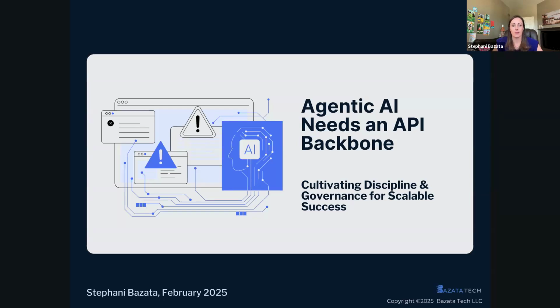Some interesting stats that caught my eye: a recent survey from KPMG found that 12% of companies are already deploying AI agents, 37% are in pilot stages, and 51% are exploring their use. Gartner is projecting that 33% of enterprise software applications may include some sort of agentic AI by 2033, and that's up from less than 1% last year.